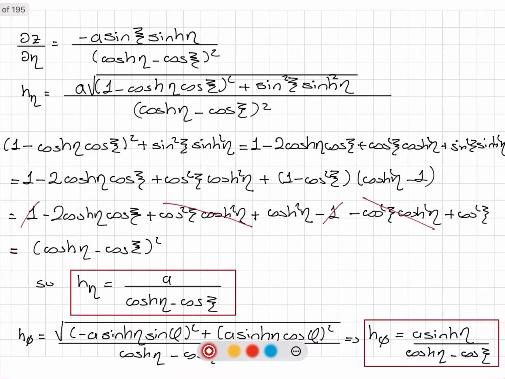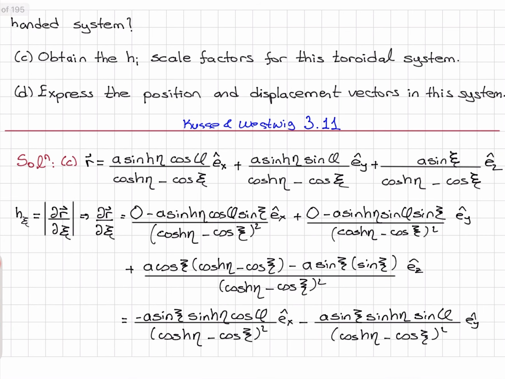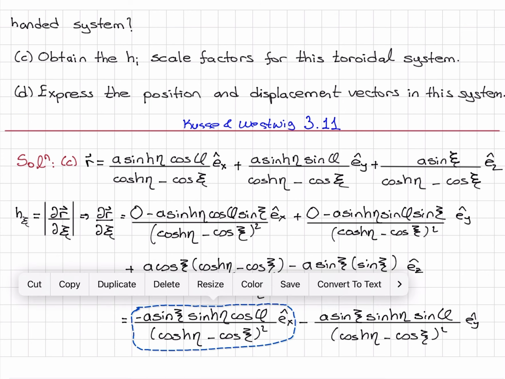So first of all, what was the scale factor h psi that we have found in part C? Let's recall it. It is A divided by cosine hyperbolic eta minus cosine psi. So 1 over the scale factor will be this divided by A. Now what is del r del psi? So that's what we have found here. Minus A sine psi sine hyperbolic eta cosine phi ex hat over cosine hyperbolic eta minus cosine psi parentheses squared.